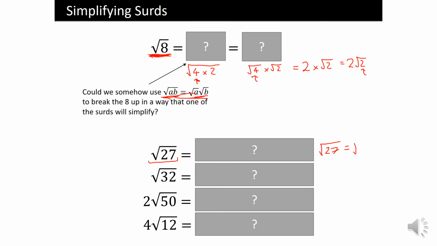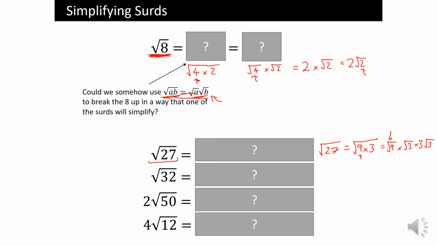We can write this as square root of 9 times 3. 9 is a square number, so that's why I've picked that one. So using the rule up here, I've got two numbers times together, I can now split this up. So I can write the square root of 9 times the square root of 3. But we know the square root of 9 is 3. So we end up with 3 times root 3, or 3 root 3.